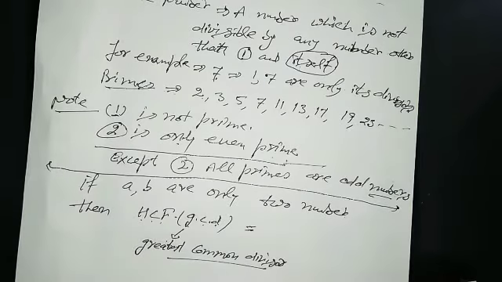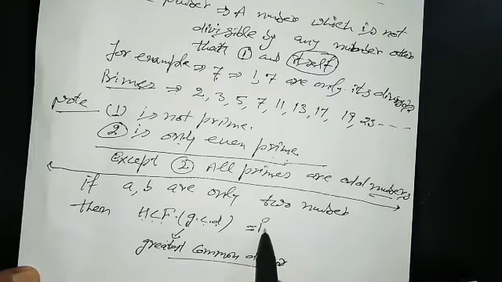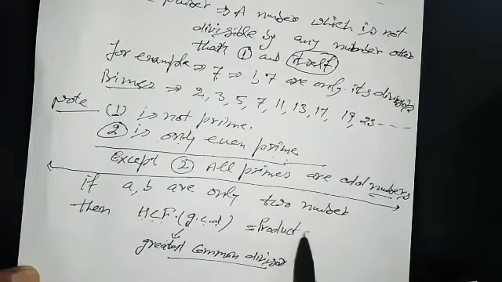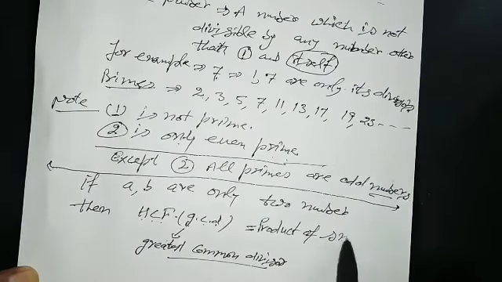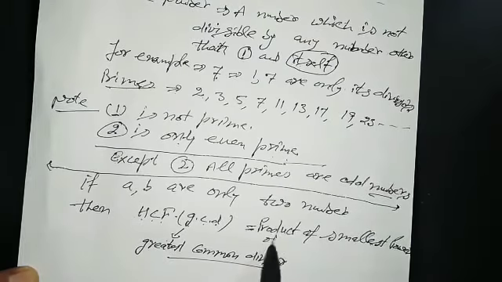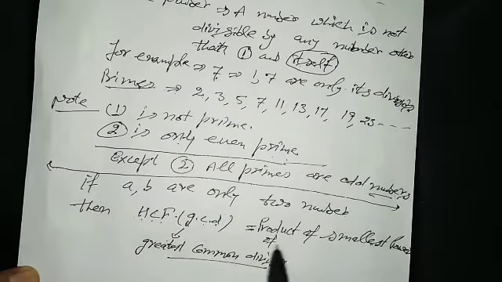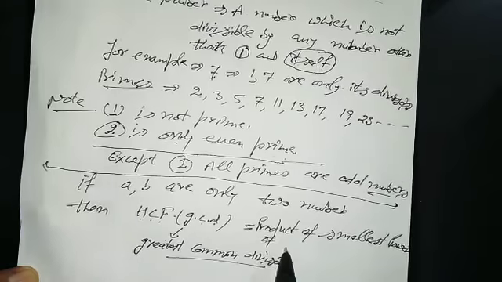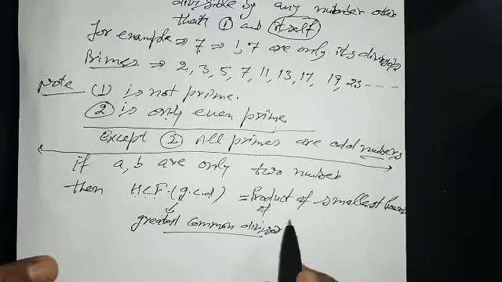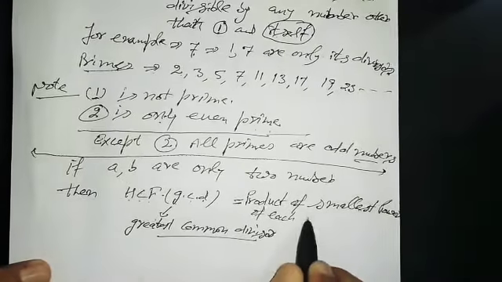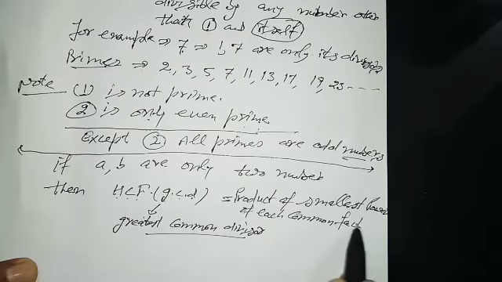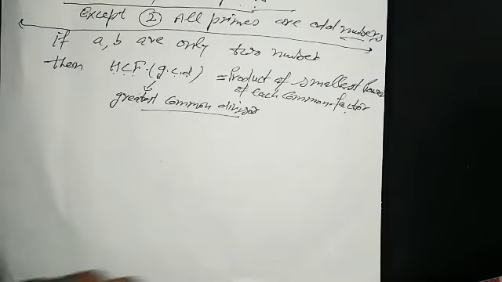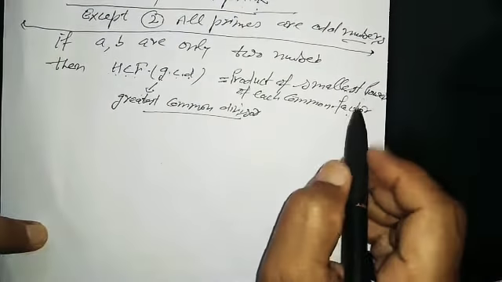The product of the smallest power of each common prime factor.